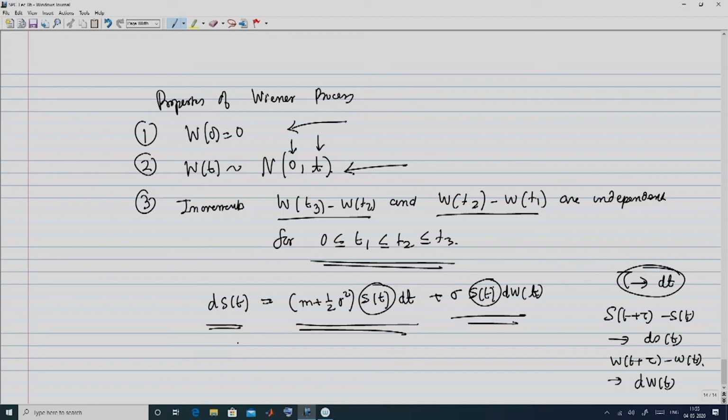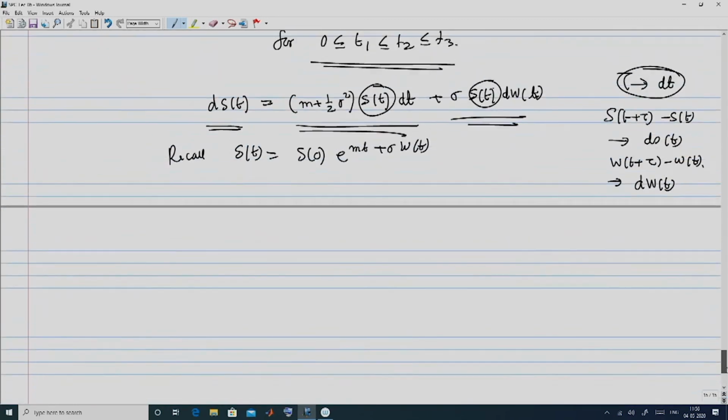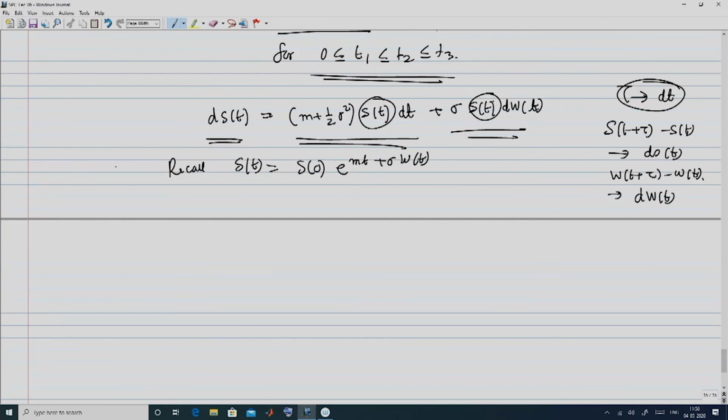Okay, now we recall that S(t) is equal to S0 into e raised to mt plus sigma W(t). This is what we had done earlier, and this now follows as a limiting case of the binomial distribution.